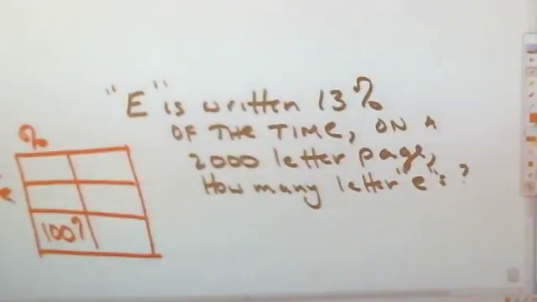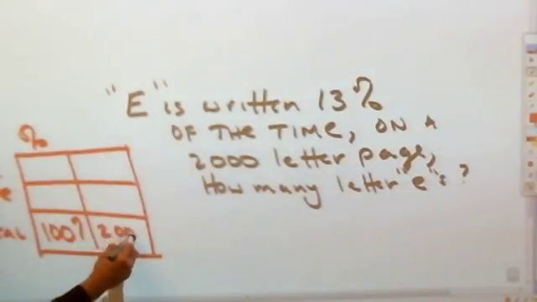So what boxes can I fill in from there? Amelia, what box can I fill in? The total amount of letters. Where does that go, and what is that number? 2,000, right next to the 100. Right, 100% would be all 2,000 letters.